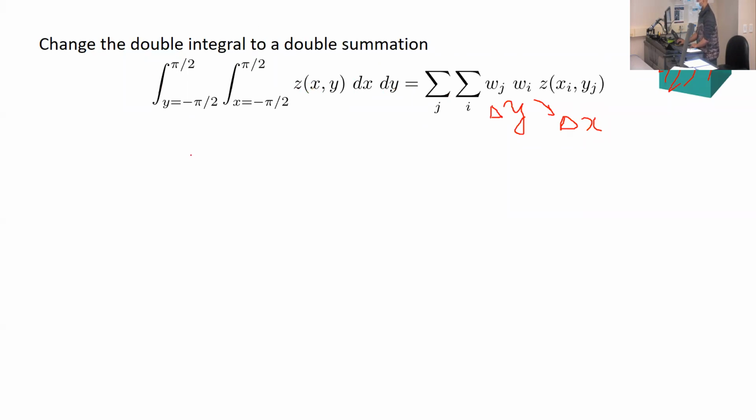If I give you f of x, y, z, and I ask you to evaluate the integral, what do you do? Yeah, you just do dx, dy, dz, and you have 3 integrals with the appropriate limits.